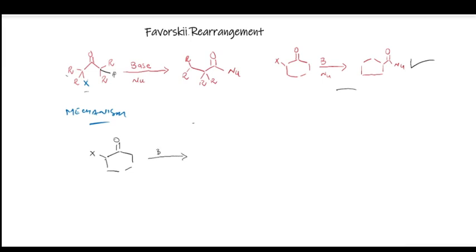This will be treated with a base, and on this side of the ketone, if we have an alpha hydrogen, that will be abstracted, forming an enolate anion, which will collapse back, making these pi electrons react at this carbon, leaving the halide anion and forming this bicyclic system with one of the rings as cyclopropanone. At this stage, the nucleophile reacts.